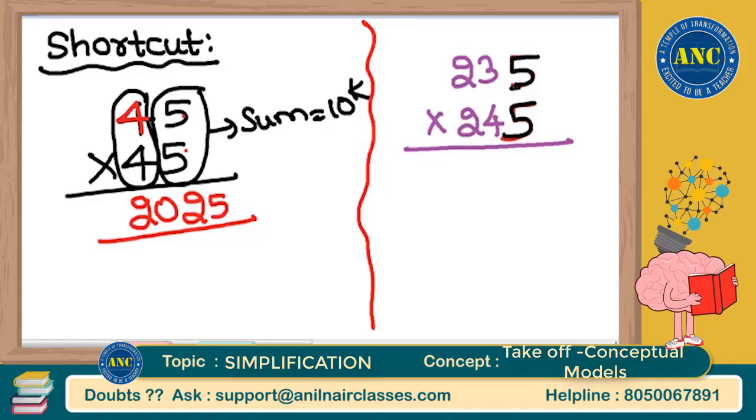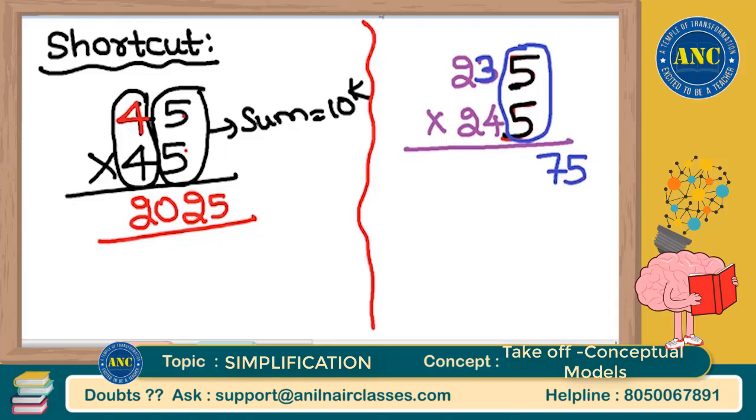Now can I say that the beautiful shortcut for how to multiply is, forget about this 5, forget about this 5. If this kind of technique is there, the answer will always end with 75.